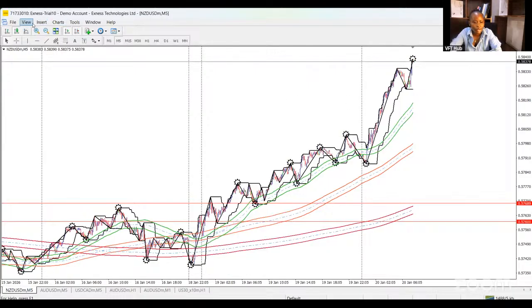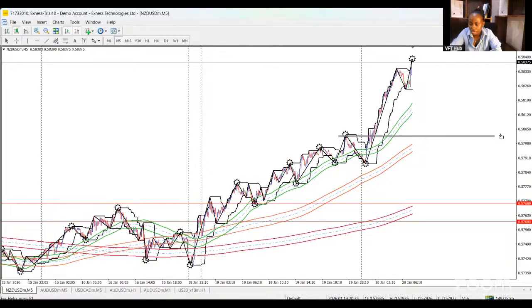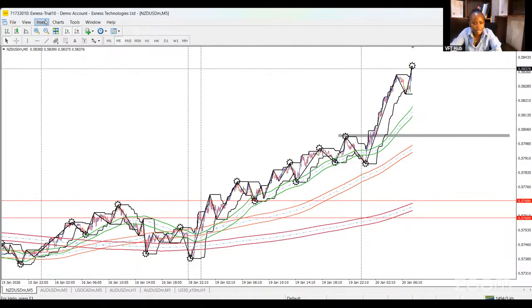lower. Looking at M5 now, just to repeat the same thing we do every single time.